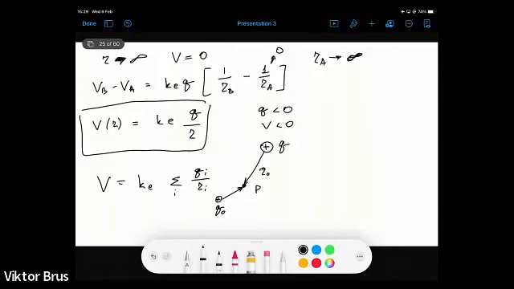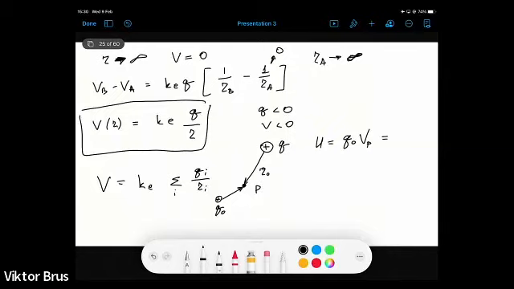So how can we calculate it? Potential energy will be equal to Q naught times the electrostatic potential in this point P. Let's call it VP. Why? Because we consider that the initial position was at potential equal to 0, so we just don't consider it. So total potential energy will be Q naught times VP.